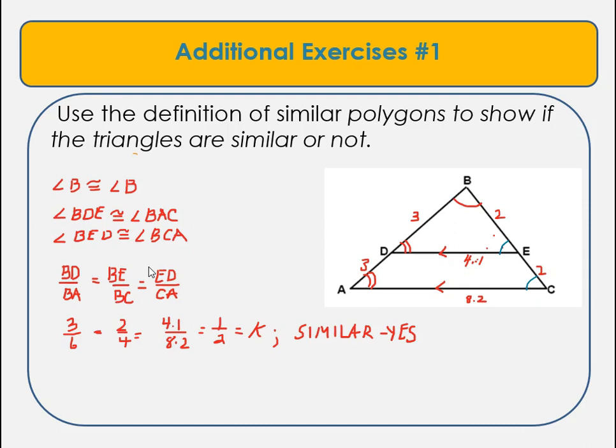So those are our corresponding side lengths, and if we put numerical values in there, BD over BA is 3 over 6, BE to BC is 2 over 4, ED to CA is 4.1 over 8.2, and if each one of these is reduced, it equals 1/2. 1/2 is the K, the constant, or the similarity ratio, and because all of these sides have a ratio of 1/2, they are similar.